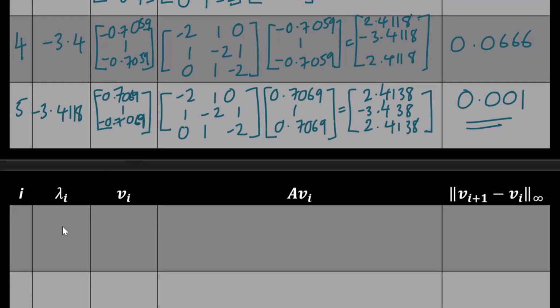So in our iteration number 6, the new lambda would be negative 3.438. Our new v would be 1 over negative 3.438 multiplied by AV.